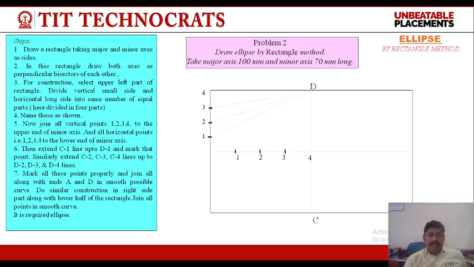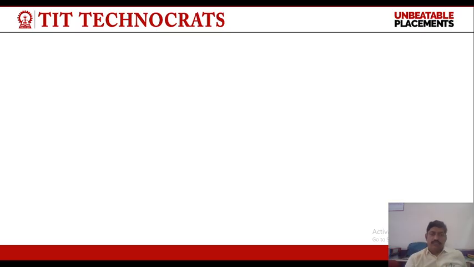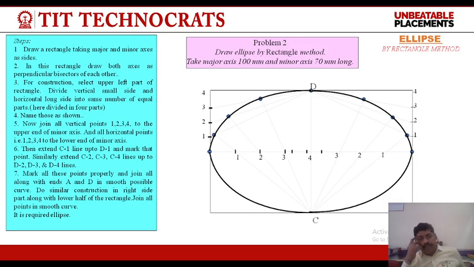Draw all the vertical lines to the point D, and from C draw all inclined lines through 1, 2, 3, such that one point cuts the first line, second point cuts the second line, third point cuts the third line, and the intersection points may be designated like this. The same process is followed for all 4 parts in the same way. So this is known as an ellipse with the help of the rectangle method.